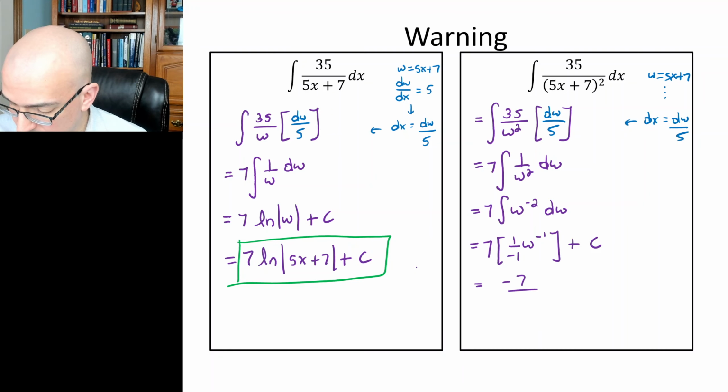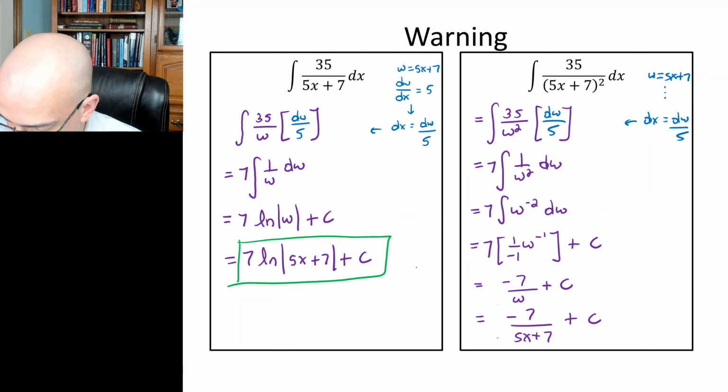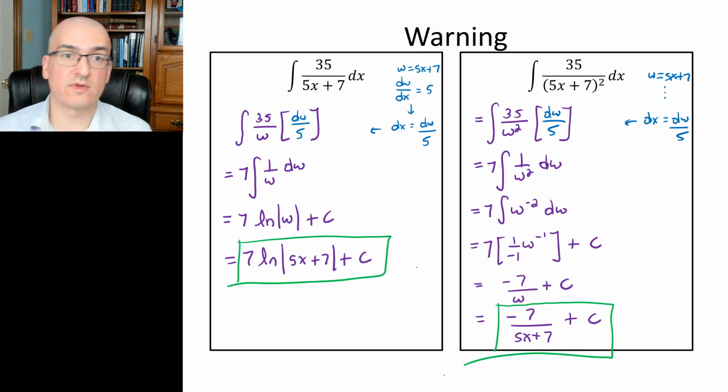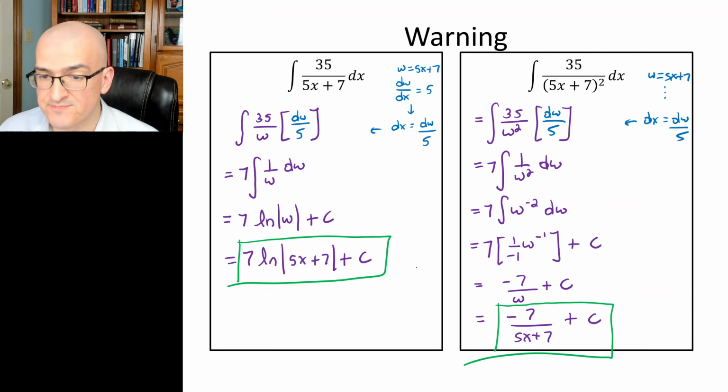So negative 7 over w plus c, which is negative 7 over 5x plus 7 plus c. And a very different type of expression. So don't take shortcuts. Well, there's shortcuts you can take, but this is not one of them. Don't guess what the antiderivative is. Just because it has a 1 over something feature does not mean you're getting a log function out of it.